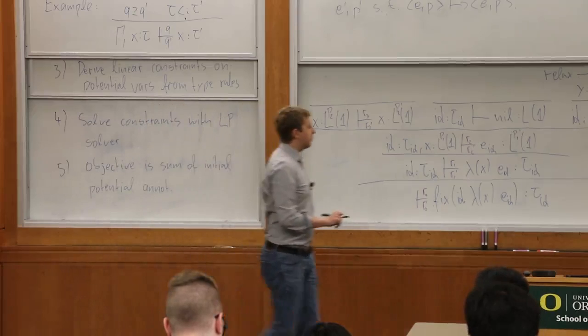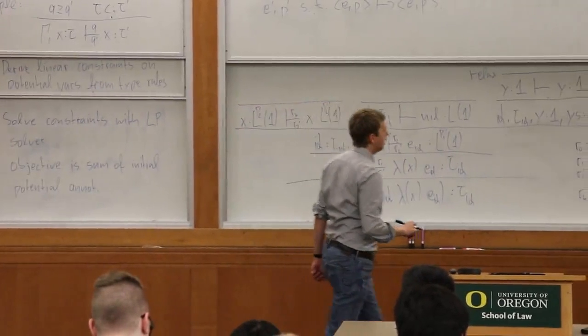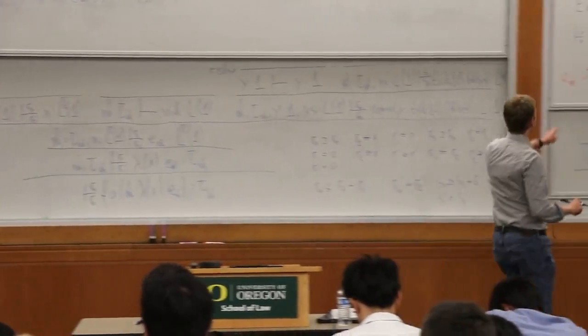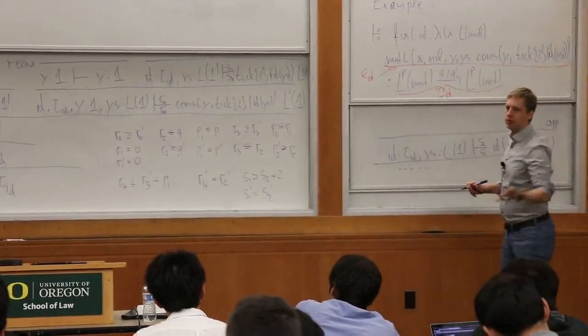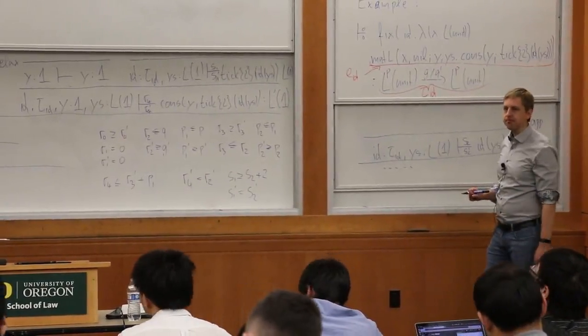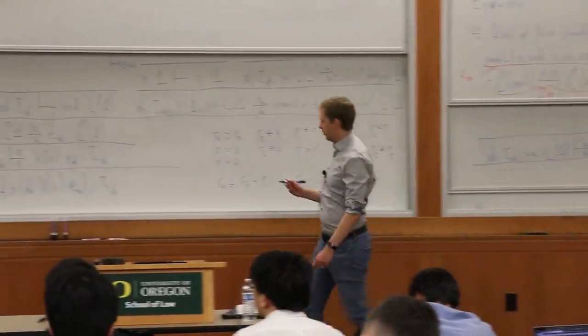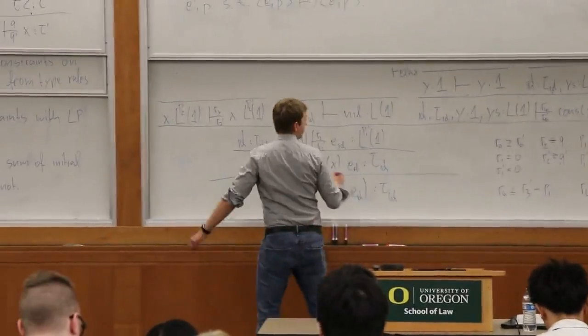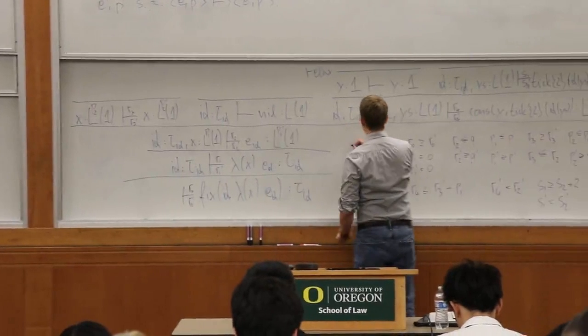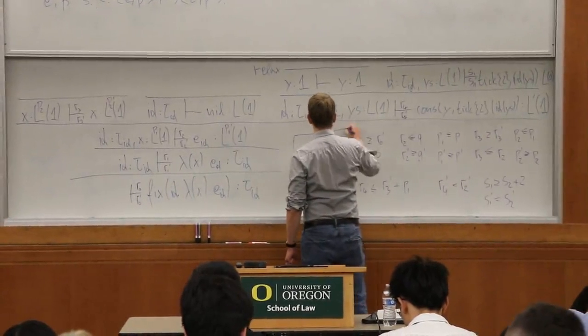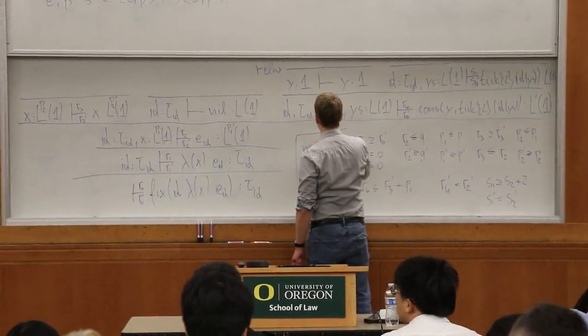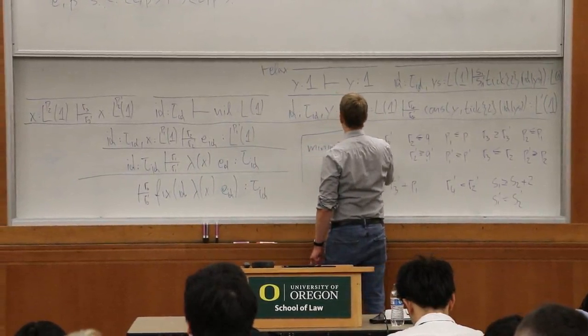So in our case, in the example, that would be P plus Q. That's what we want to minimize. So in the example, maybe put it here: minimize P plus Q.